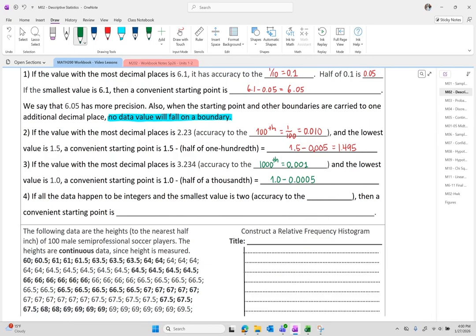So 5 ten-thousandths. 1.0 minus 5 ten-thousandths is 0.9995. If all the data happen to be integers and the smallest value is 2, we have accuracy to the unit. Then the convenient starting point will be the smallest value, 2, minus half of the most accuracy we have. Half of 1 is 0.5, and therefore we will start at 1.5.